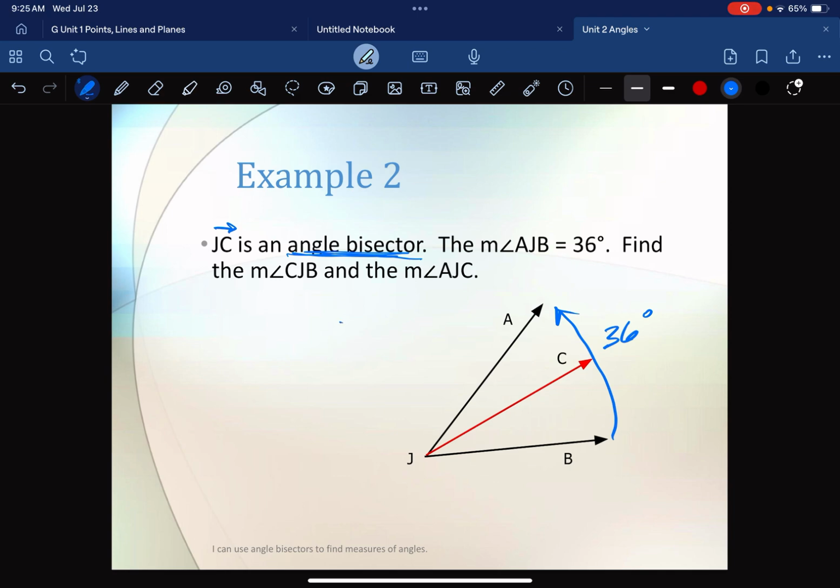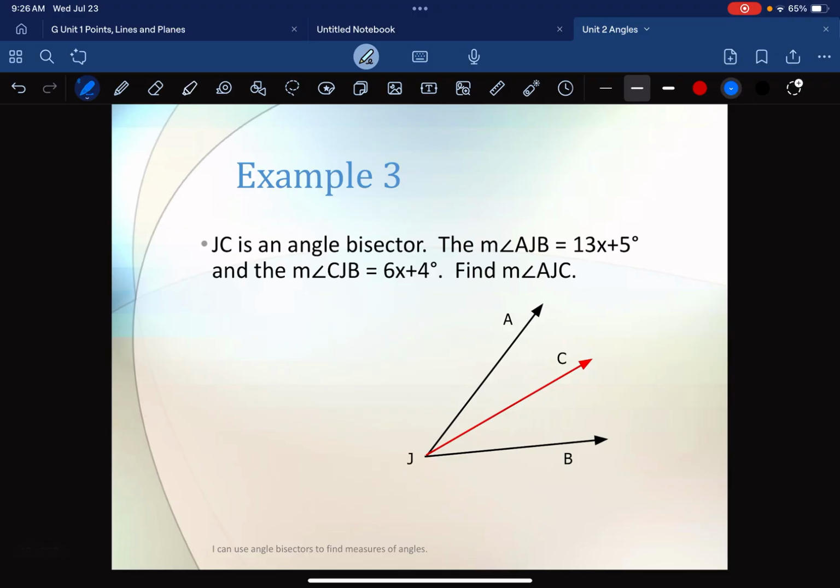So you're going to take 36 and you're going to divide by 2, and that's going to give us the measure of each angle, and that's going to be 18 degrees. So CJB is 18 degrees, AJC is 18 degrees.